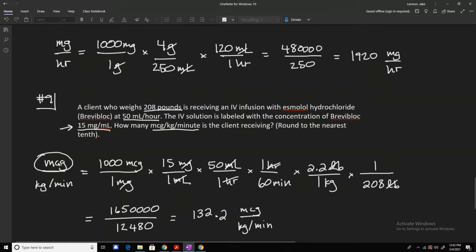Right. If you don't end up with micrograms on top and kilograms and minutes on the bottom, you did something wrong. You don't even need to do the math in your calculator because, right, micrograms finishes on top, kilograms needs to finish on bottom, which it did right here, and minutes needs to finish on bottom. So if those 3 things don't happen, you did something wrong.